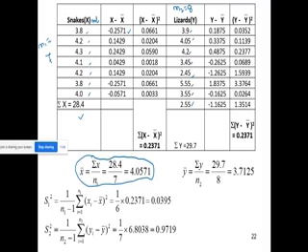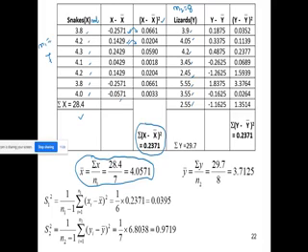Then 4.2 minus 4.0571, we get this value. In this way we get all these x minus x bar. Then we calculate x minus x bar whole square, so this one squared here, this one squared here, like this. And then we require the sum of this column. So this is one part of the computation, related to x, over.